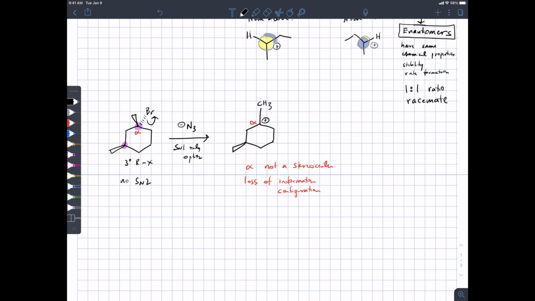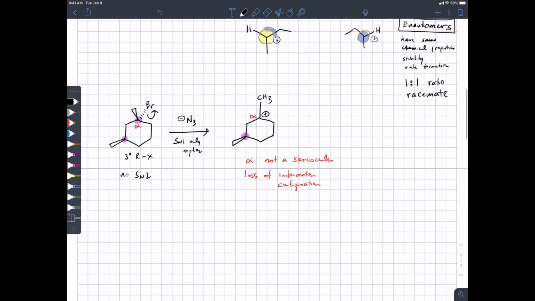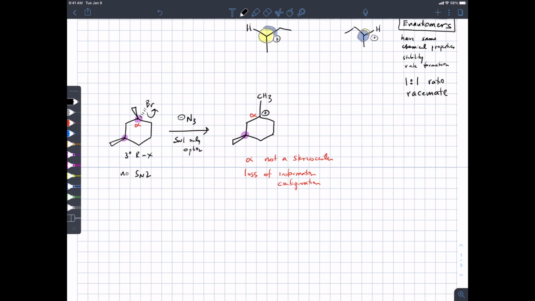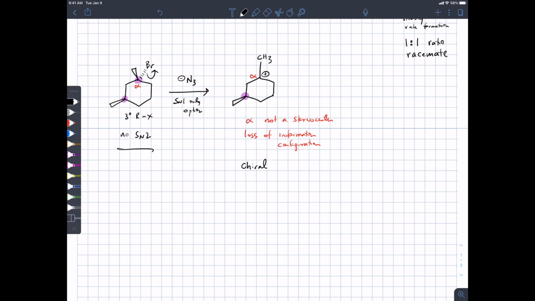Okay, what effect does that have? Now look at this intermediate. Is that intermediate chiral or not chiral? The intermediate has to be chiral because it's got one stereocenter. It was chiral to start with, and we haven't changed one of the stereocenters, and so it is chiral there, okay?